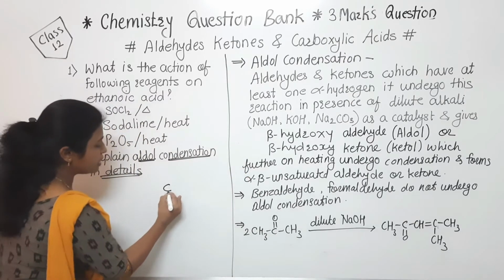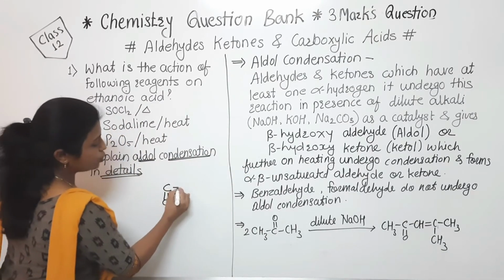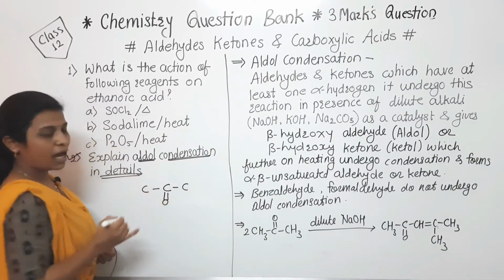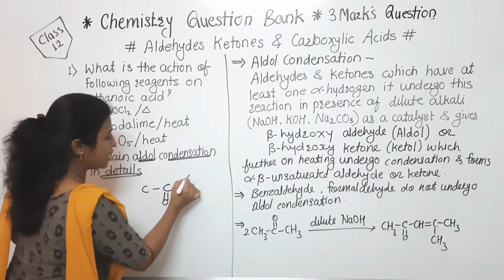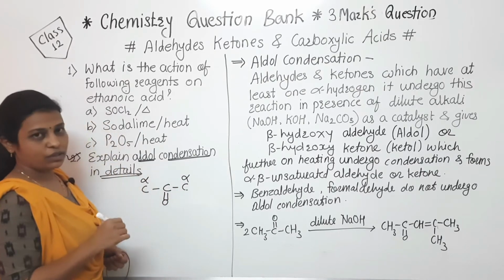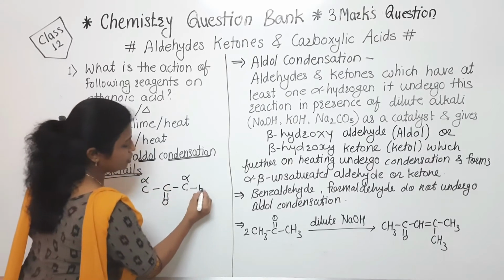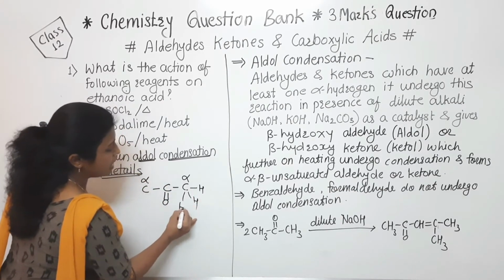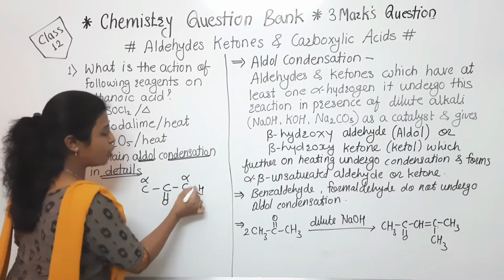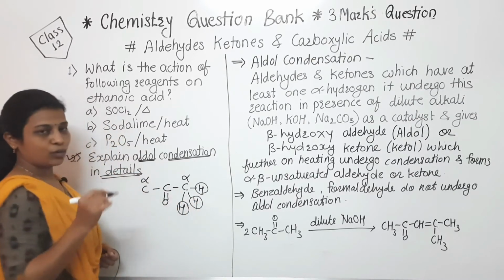See, if we consider the carbonyl carbon, the carbon at the adjacent position will be there, and these carbons are alpha carbons. Now see, what is meant by alpha hydrogen? Those hydrogens attached to this alpha carbon are called alpha hydrogens.